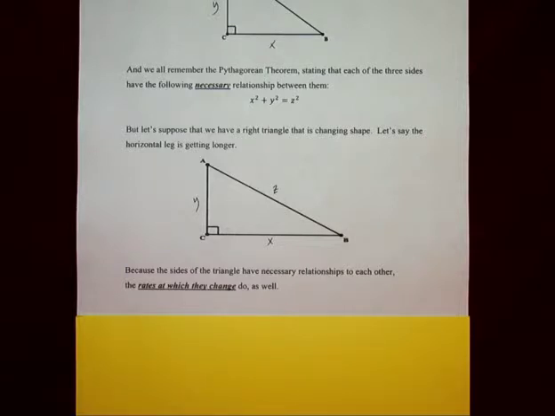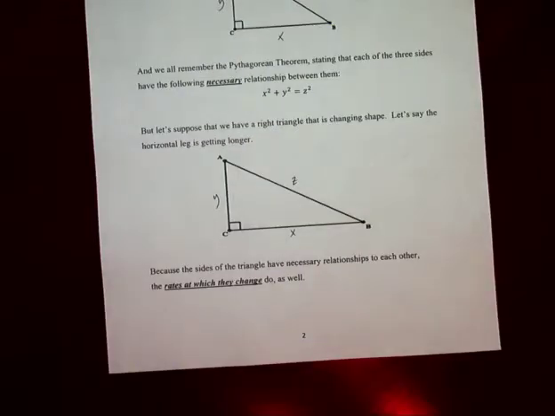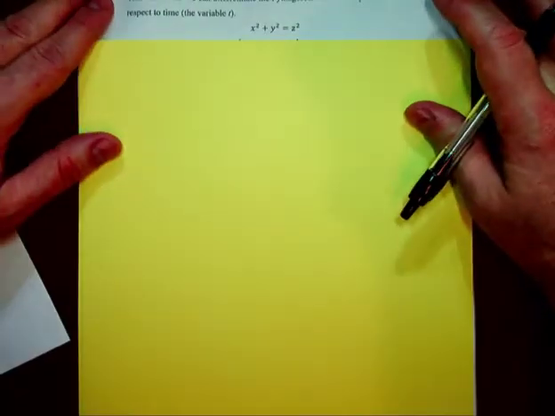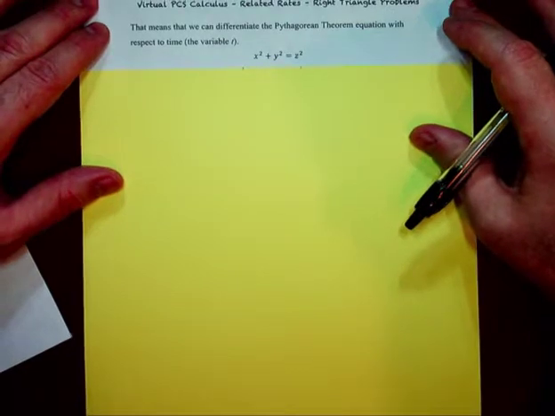Okay, and that necessary relationship will wind up being the derivative of the original formula, in this case, the Pythagorean theorem. So, if we are given x squared plus y squared is equal to z squared, and we want to differentiate it, because anytime you change something, like if I change that triangle, I'm changing it with respect to time, right?